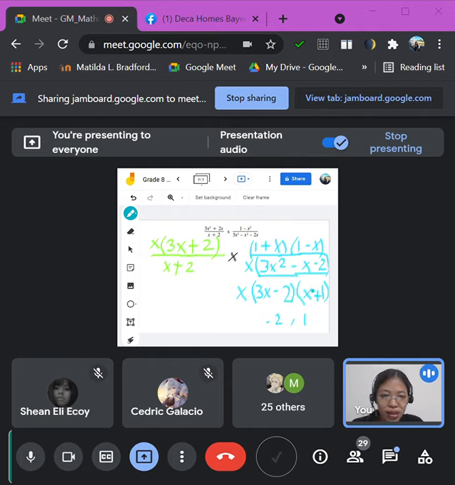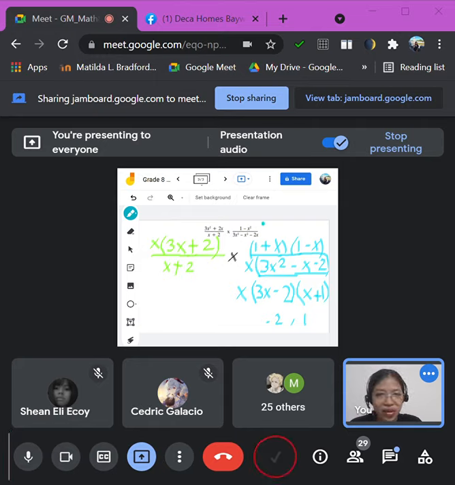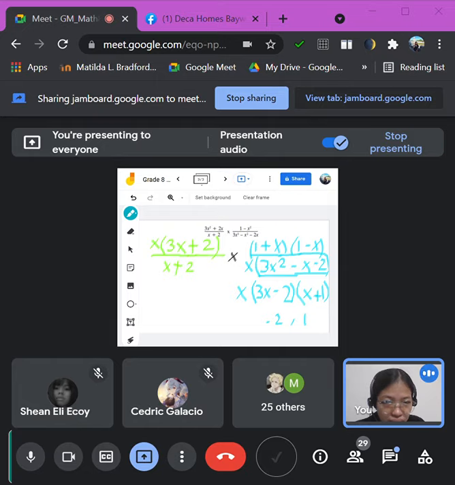So, this one is 3x squared and then positive x, positive x and then 3, negative 2, negative 2x. The negative 2 times 1, negative 2. Sakto man. Right, di ba? So, wala tayo makancel.